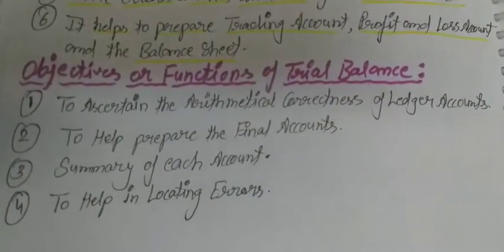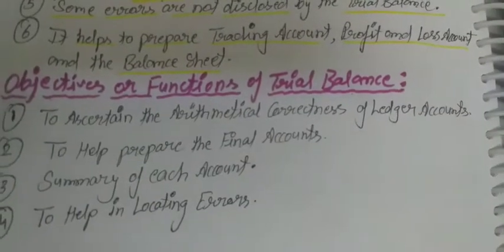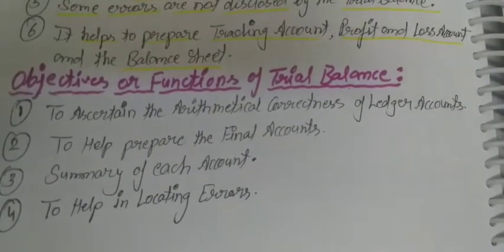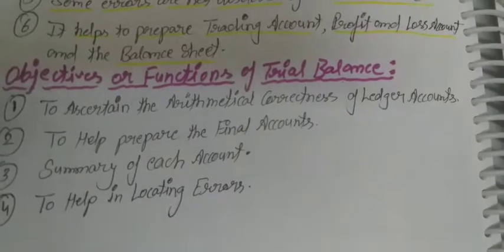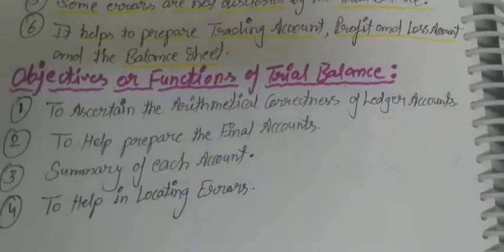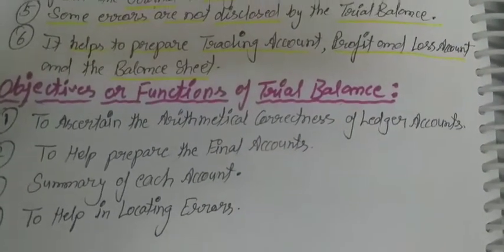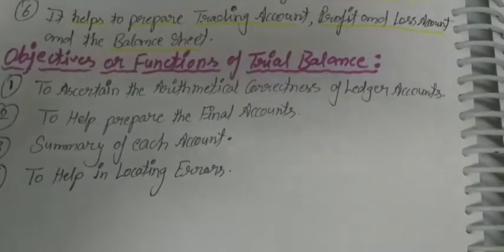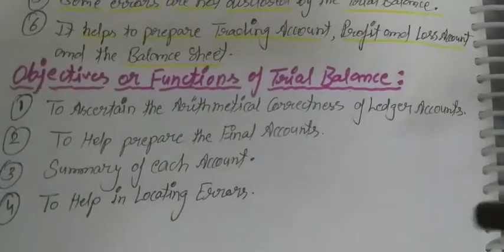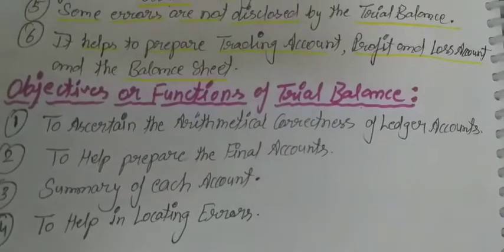When we prepare the trial balance, if the debit and credit balances are not equal, then some errors have been incurred in the ledger accounts. So the trial balance also helps to find the errors if errors have been incurred in the books of accounts.